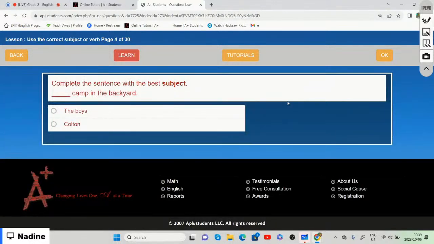So we need to complete the sentence with the best subject. Is it the boys camp in the backyard or Colton camp in the backyard? So camp in the backyard.